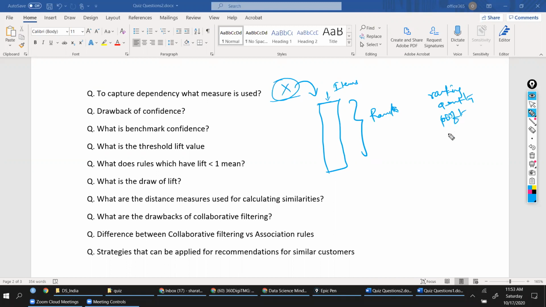Demographically relevant conditions could be there. So you can apply any of these different strategies that you can think of and rank them. And based on the ranks, you might want to choose the top few ranked items for recommendation.